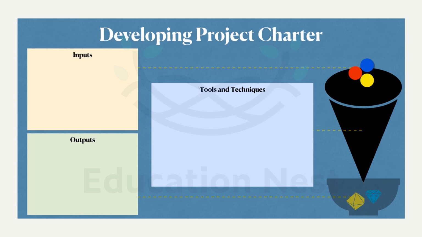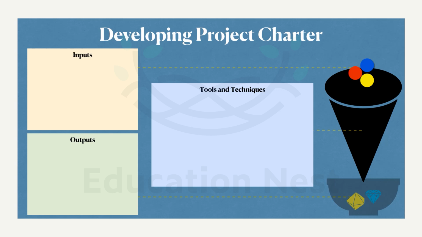The inputs, the tools and techniques, and the outputs. If you start learning these processes in that same sequence of inputs, then tools, then outputs, you won't be able to visualize what you're working for. For example, in this very process, if you start by learning the inputs first, and then the tools and then the outputs, we cannot keep up the motivation, right?